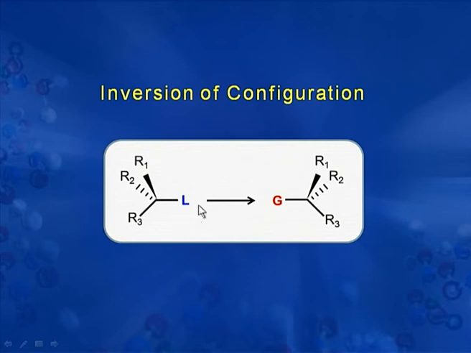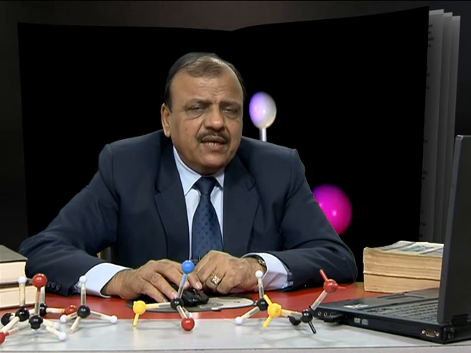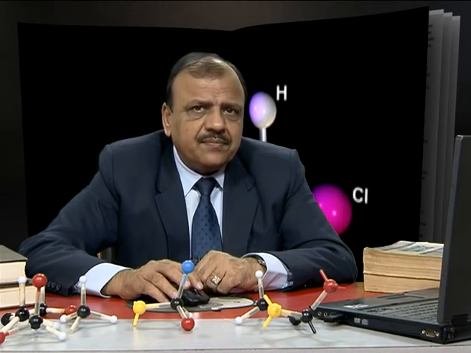Say this is the leaving group, some reaction has occurred and the group that has occupied this position comes from this direction and all these three groups have gone in this direction. That is, the overall molecule has got inversion of configuration. We observe this type of inversion mainly in SN2 type of reactions.